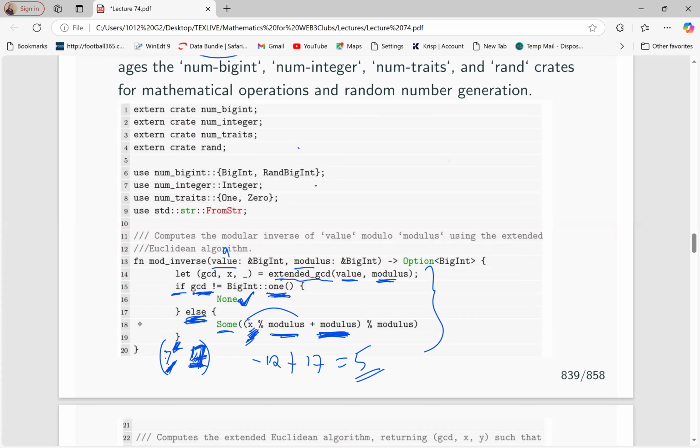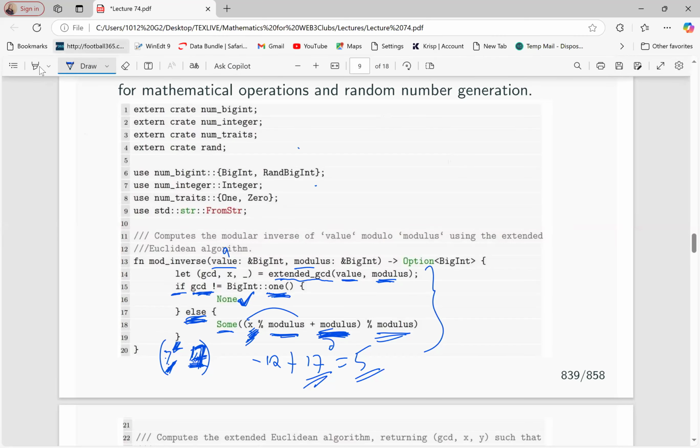And then, supposing the value that you get here is now positive and is bigger than 17, which is our mod, you reduce it again, mod 17. So this is the part that will be finding the inverse.